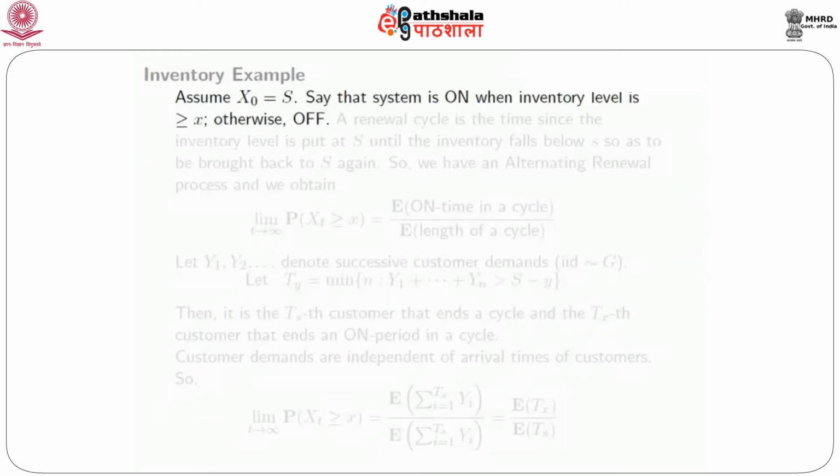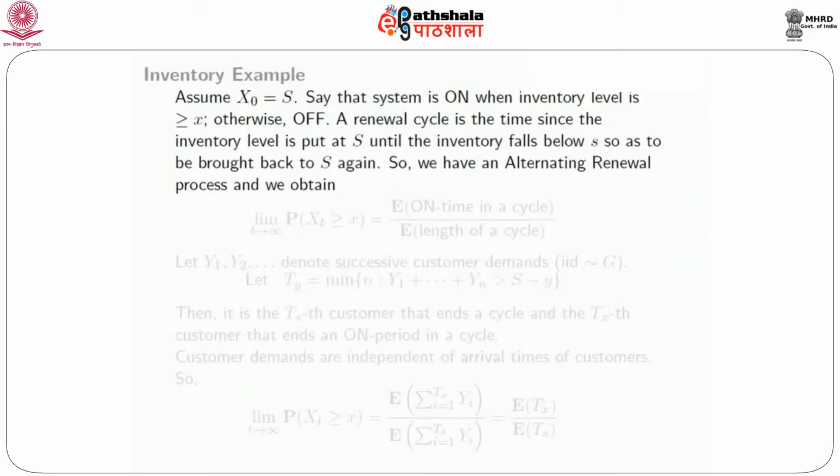Assume that X_0 is capital S, that is, it starts with a full inventory. Say that the system is on when the inventory level is greater than or equal to x, otherwise off. And what is a renewal cycle?